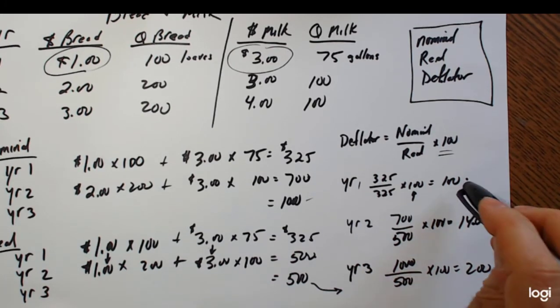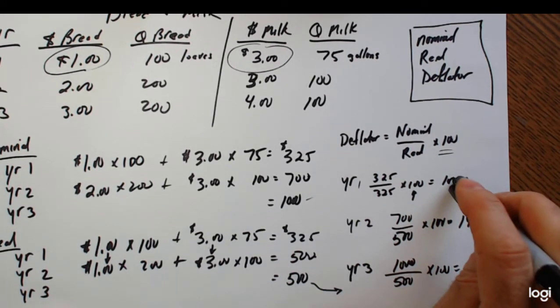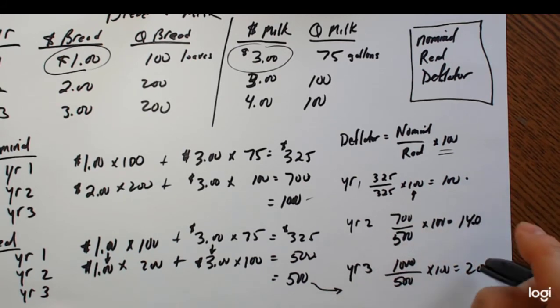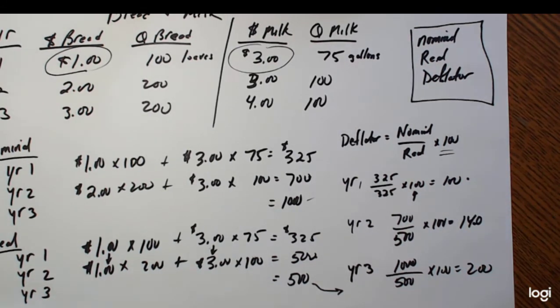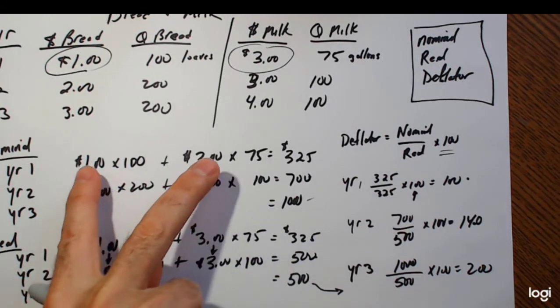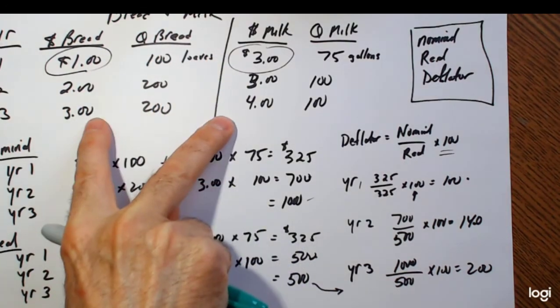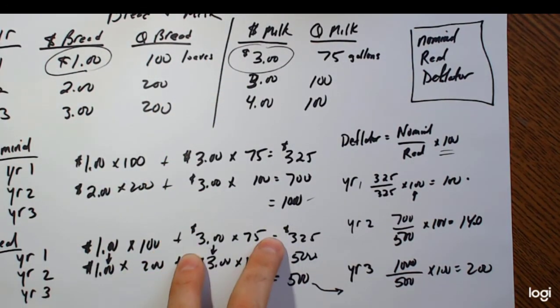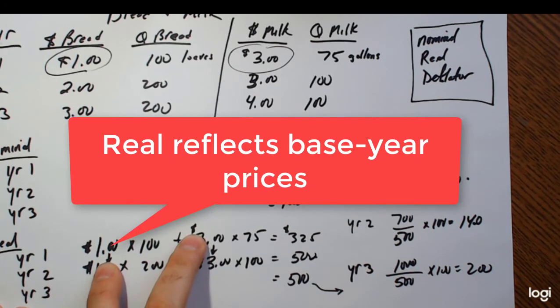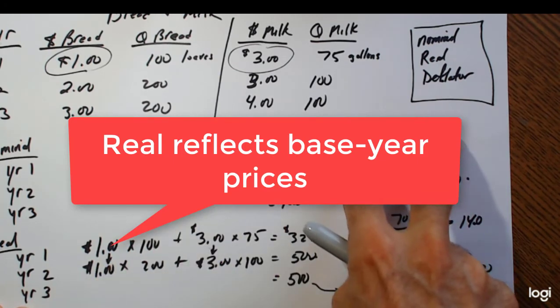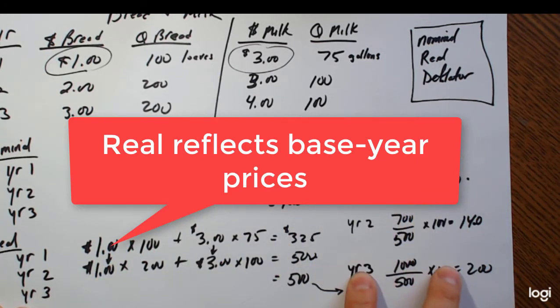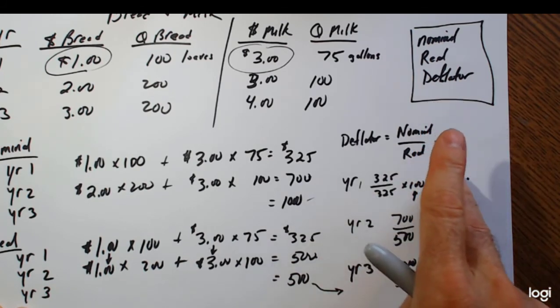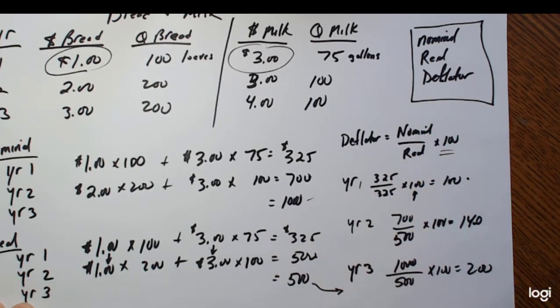But you can see here is the deflator for year 1, 2, and year 3. So to summarize, nominal reflects current year prices, real reflects base year prices, whatever base year you pick, and the deflator is an index of prices, and when you look at the change in the index, that's the inflation rate for the given year.